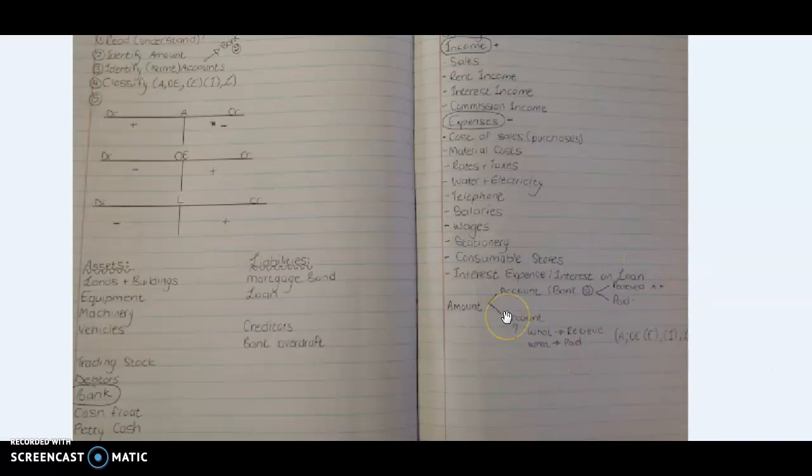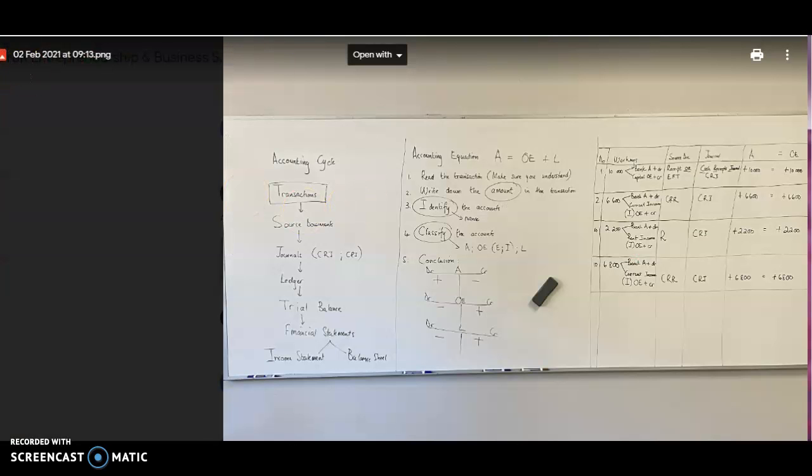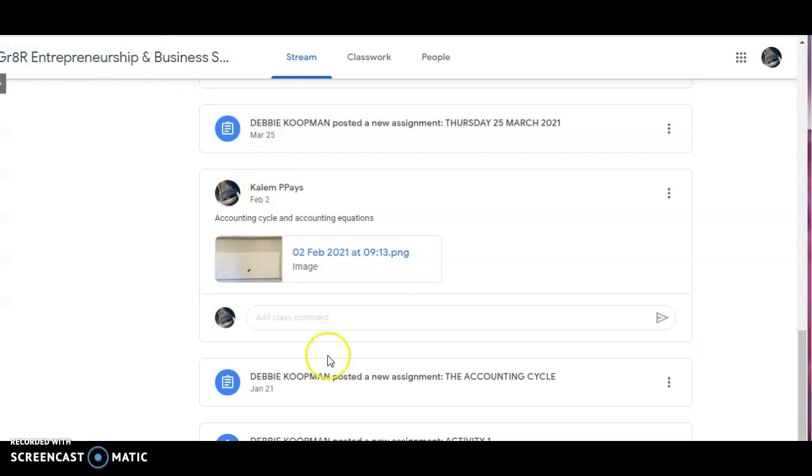Okay, so that's it for now. We will figure this out together tomorrow. And then we will also practice some examples because there are many examples on your Google Classroom. For instance, let me show you some.